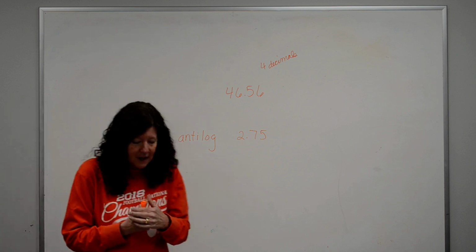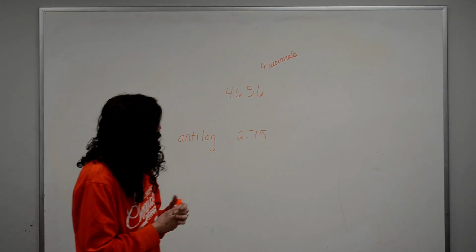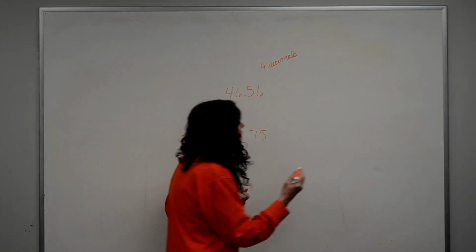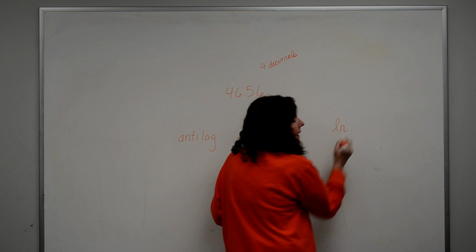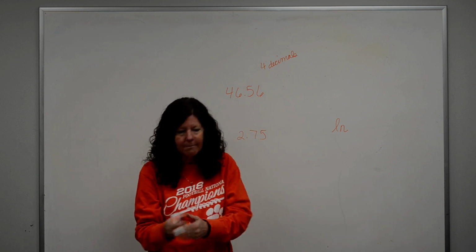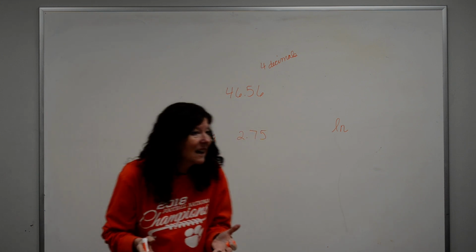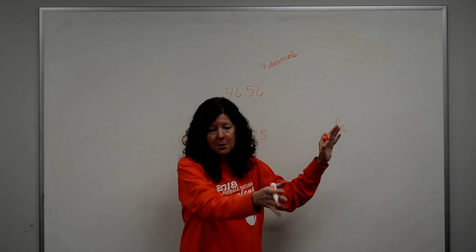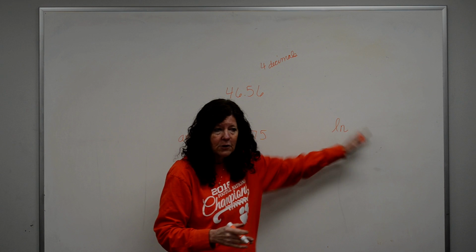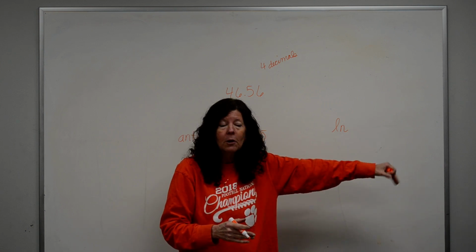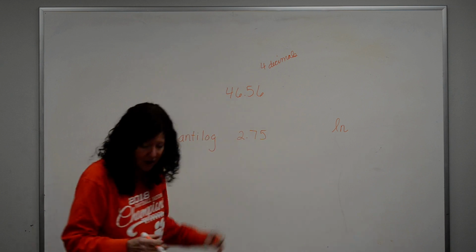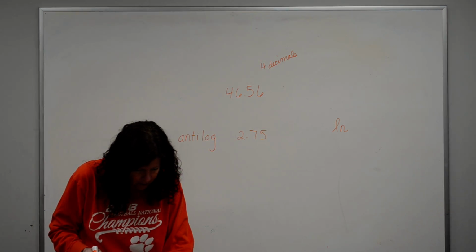That's the natural log, and it's basically ln. In the book, it looks like IN, but understand that you can have the natural log of something. You just pick up your calculator and do ln of that number. Same thing, you can do the anti-natural log, just like the common log. The base is different.